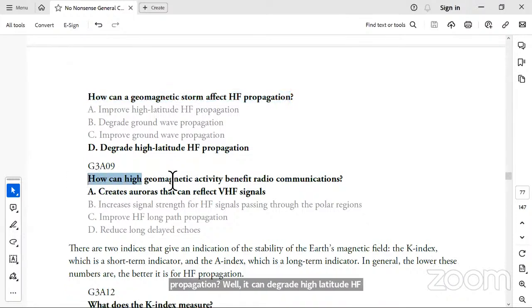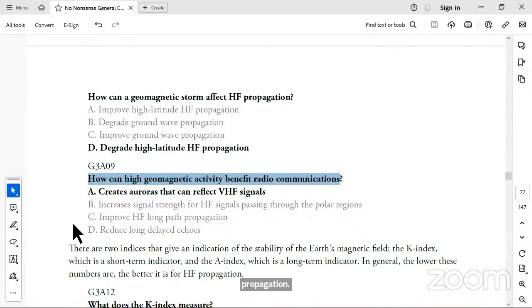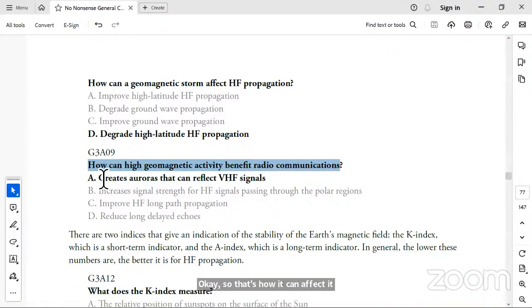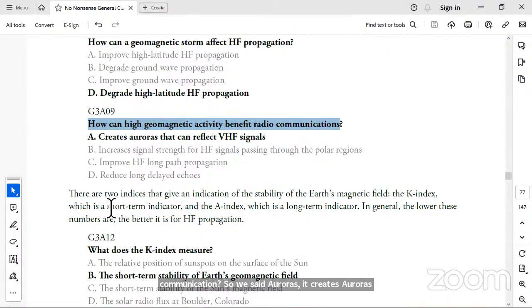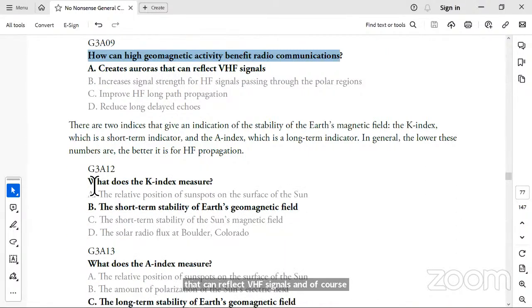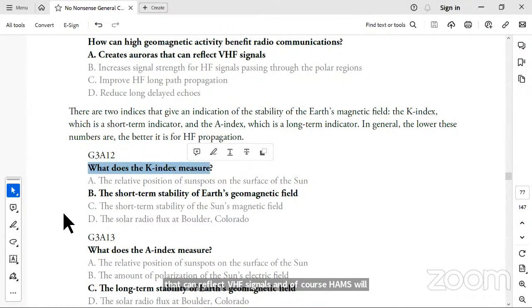Okay, so that's how it can affect it negatively, but now, how can high geomagnetic activity benefit radio communication? We said it creates auroras that can reflect VHF signals, and of course hams will try to utilize that property.